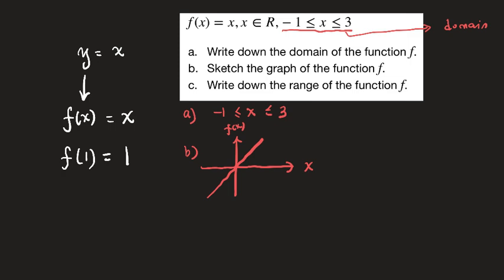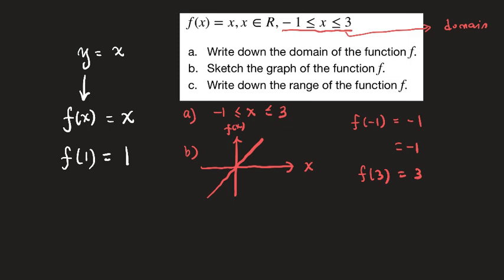But you have to be careful. The question says your x must be between -1 and 3. So what you have to do is find out when x is -1, what is your y? We can do it like this: f(-1) equals -1. When x is 3, f(3) is 3. So what does it mean?